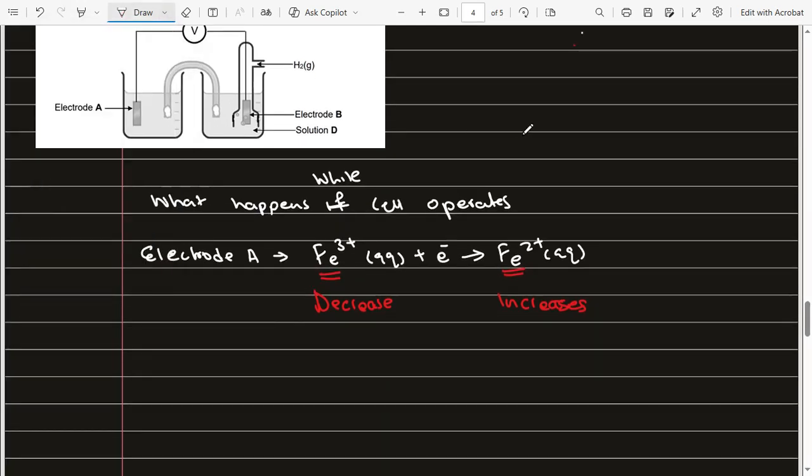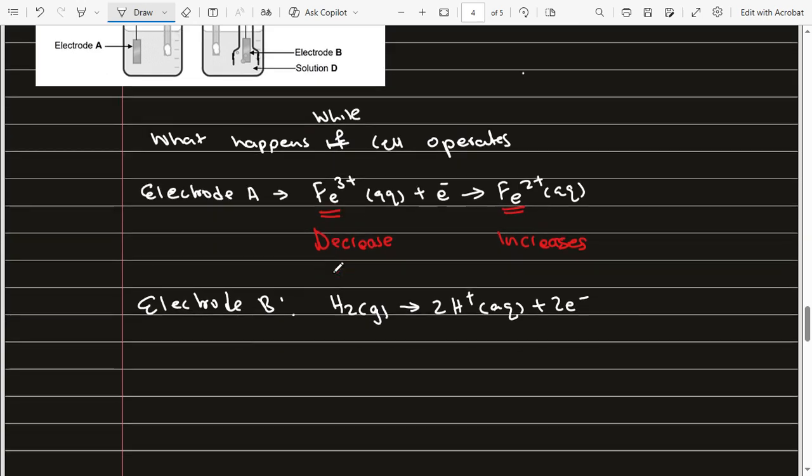Now let's examine what is going on at electrode B. At electrode B, remember the reaction was like this. This is not in aqua solution. Hydrogen, it's a gas. And then this gives us the 2H plus in aqua solution plus the 2e minus.